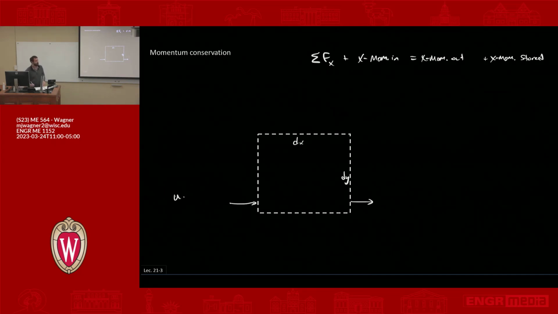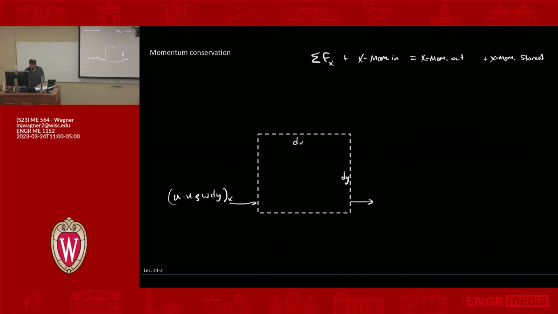And what's the mass flow rate going in? That is also related to the velocity: it's u times rho times w times dy, all of that evaluated at x. So effectively, u squared rho w dy is my x momentum going in from the left side.